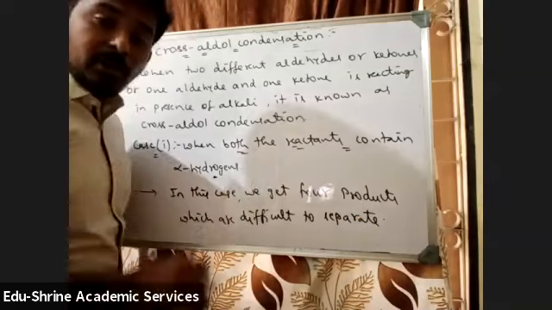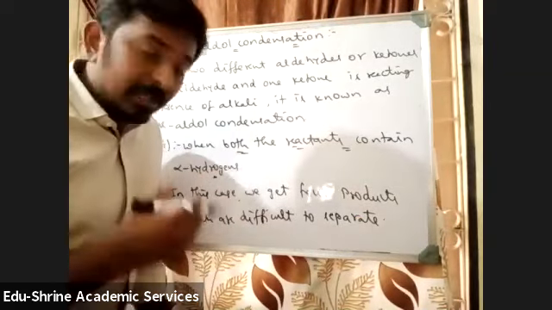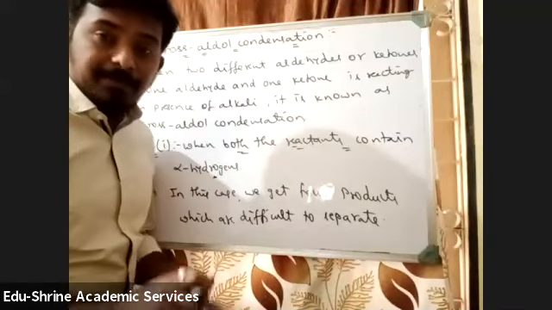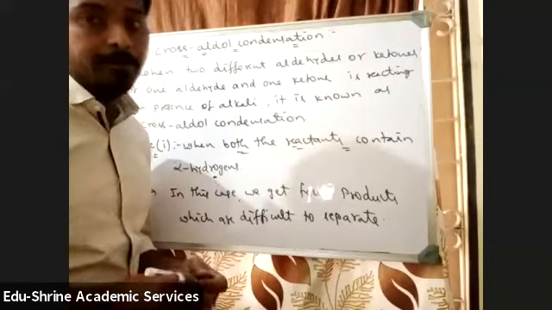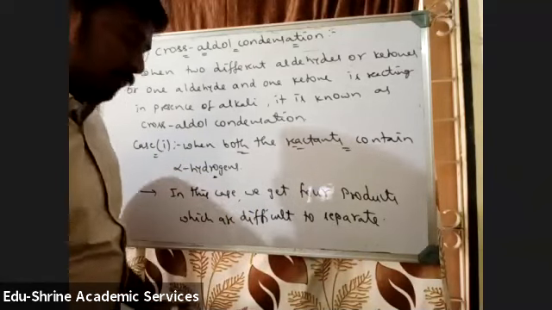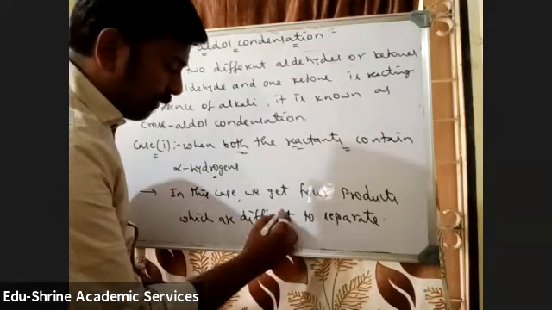But it is compulsory to write the four products, because in the exam they will ask. When the two reactants are reacting, which of the following doesn't form? Three they will give which are formed, one they will give different. That's why we need to know how to write the products.